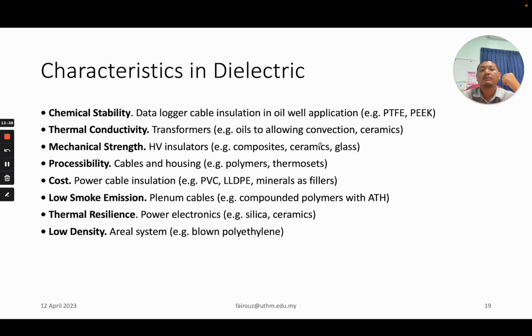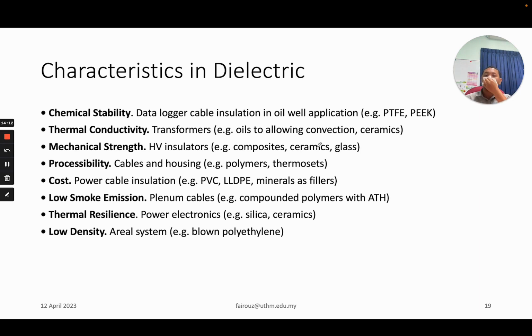And then we have to look for dielectric material that has good mechanical strength, because we need to use it, for example, in the HV insulator, where we use it in overhead lines. So the insulator must be able to carry very large cable in overhead lines.